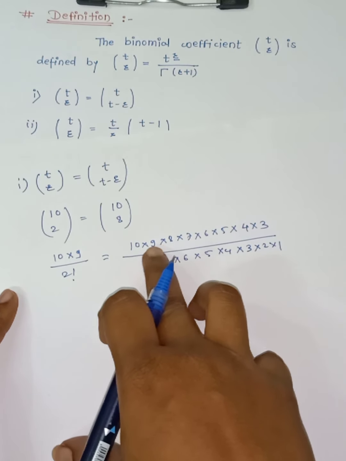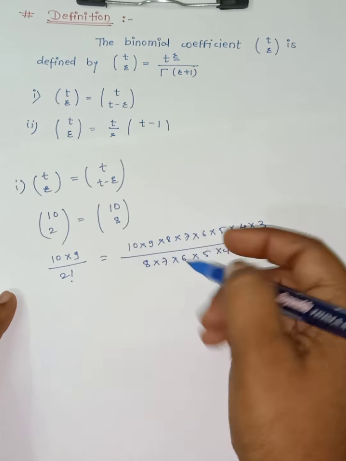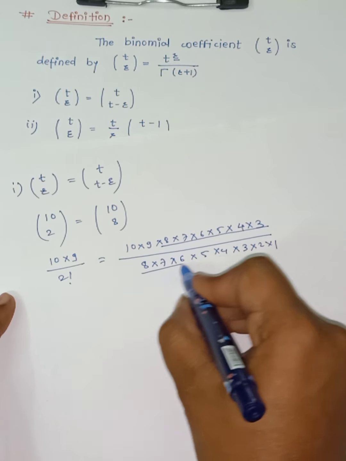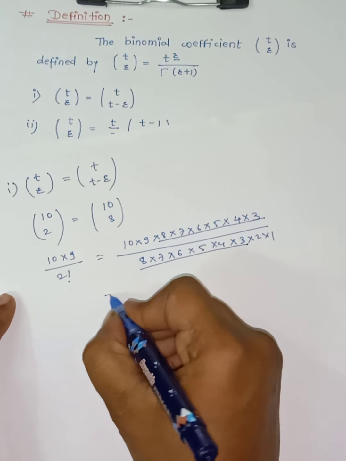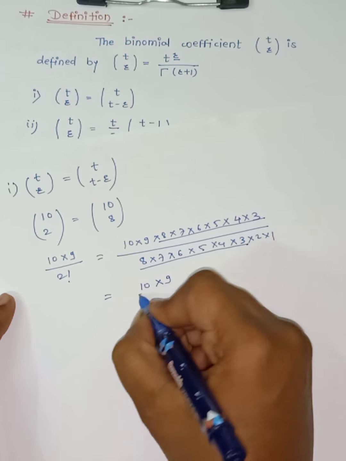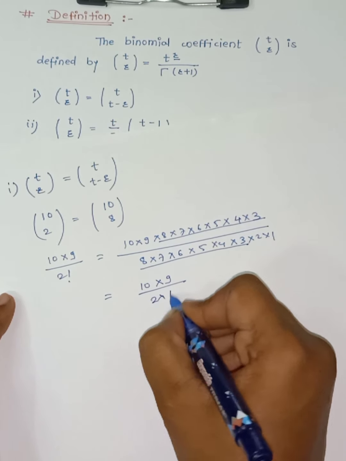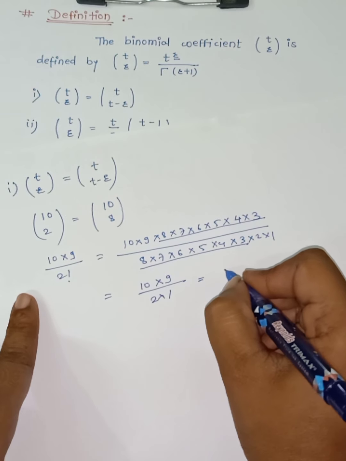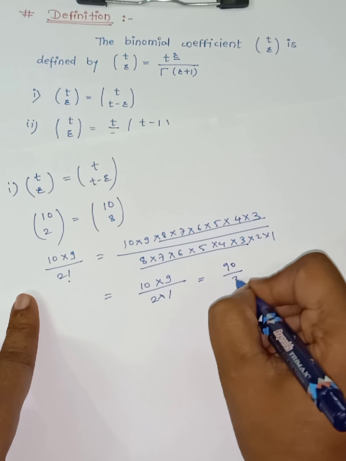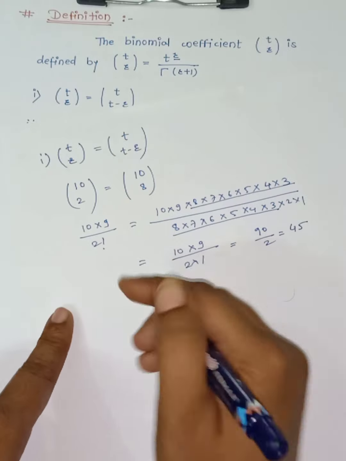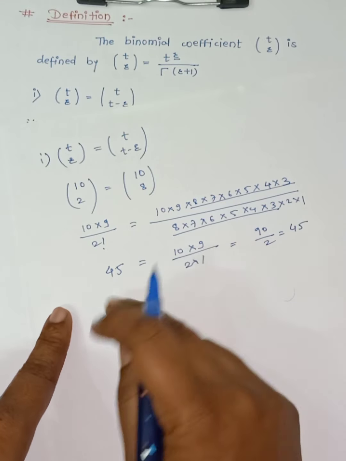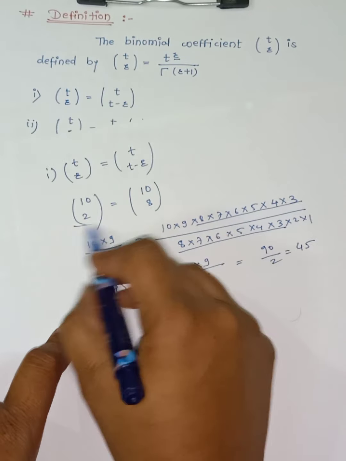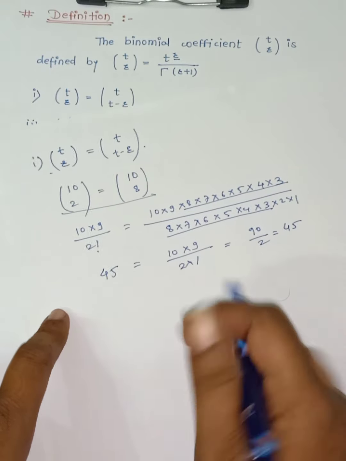From 8 to 3 this all will get cancelled. So what we get is 10 into 9 by 2 into 1, which is the same as this. So 10 into 9, that is 90, by 2 is 45, and here 45. So these are the same, and we have proved the first property.